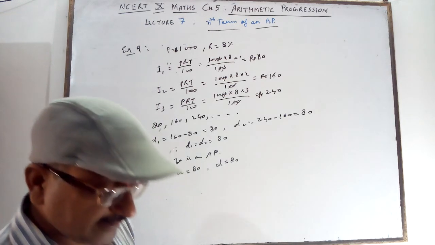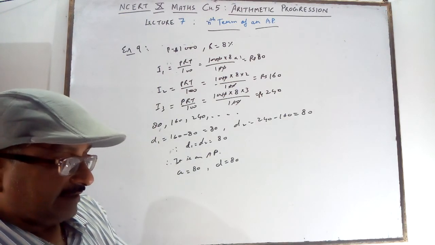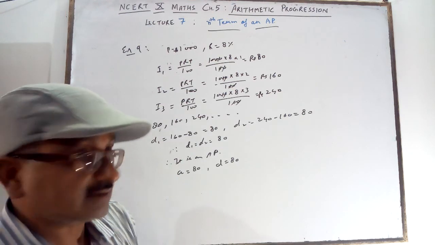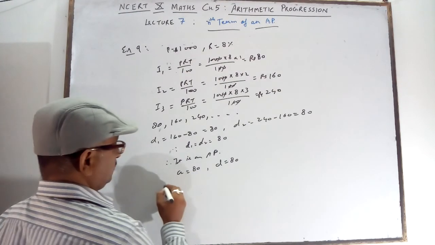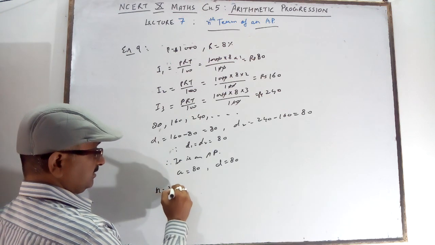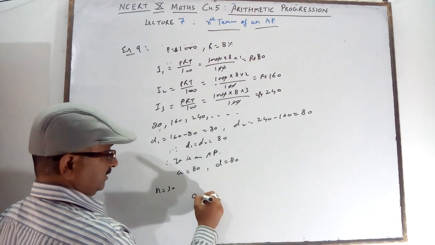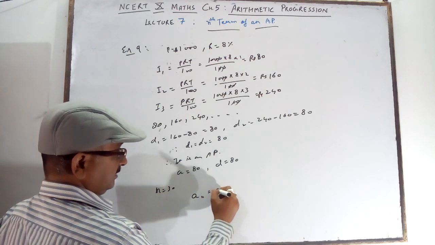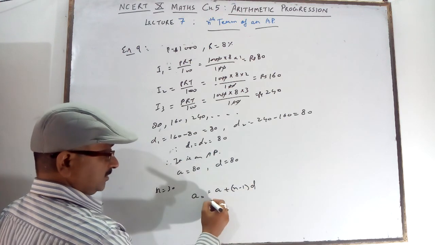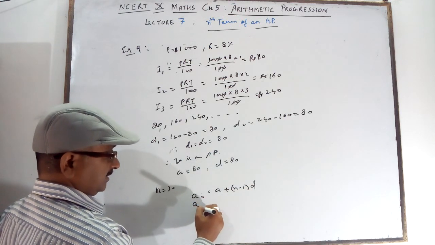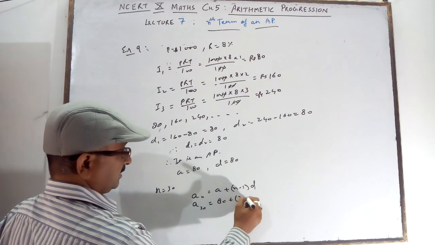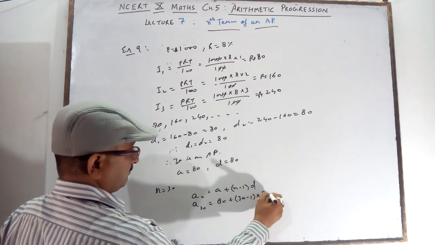Rest of the part is given: find the interest at the end of 30 years making use of this fact. So here N is given 30. You want to find A30. AN is equal to A plus N minus 1 into D. A30 is 80 plus 30 minus 1 into 80.